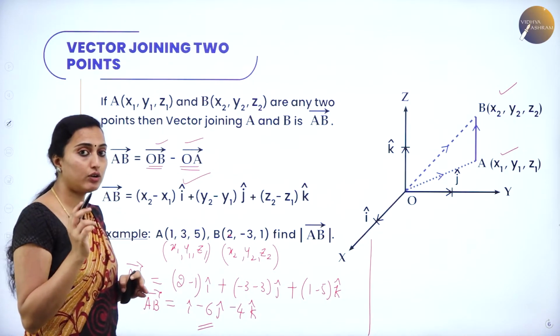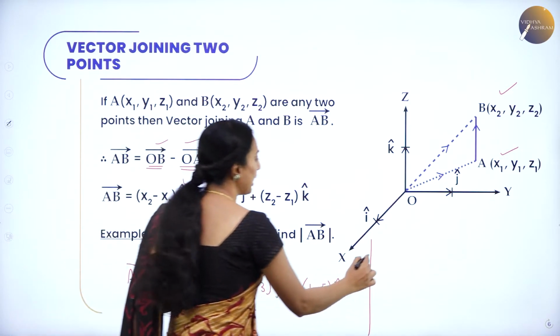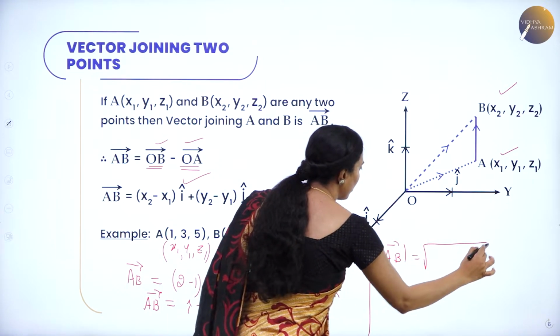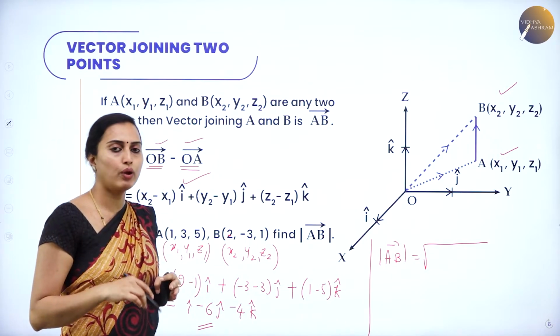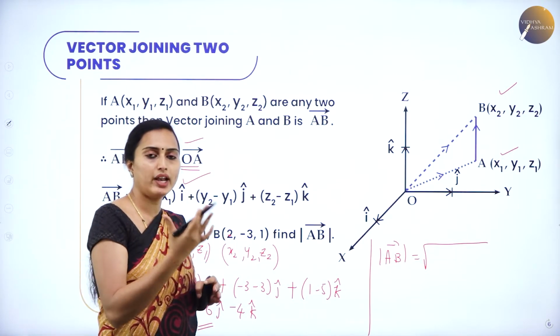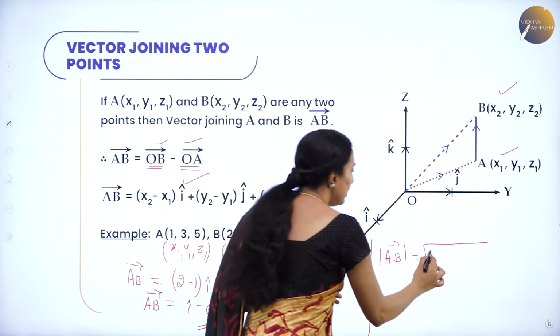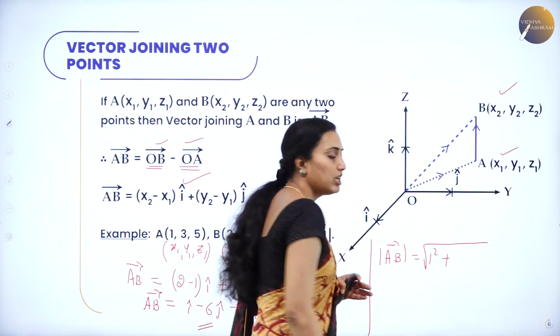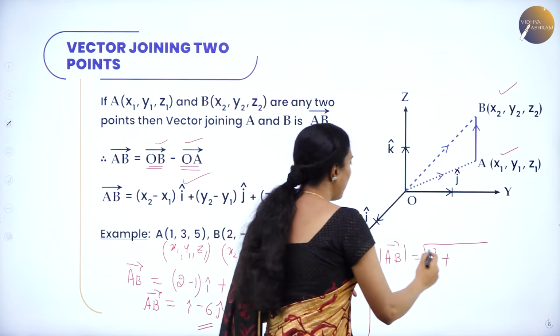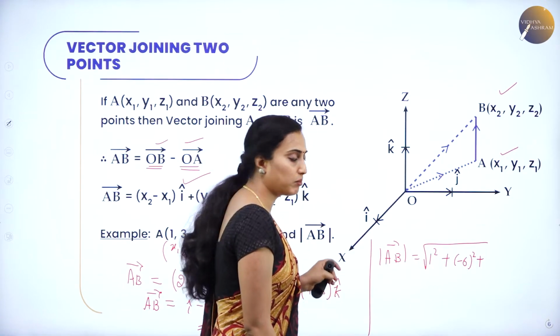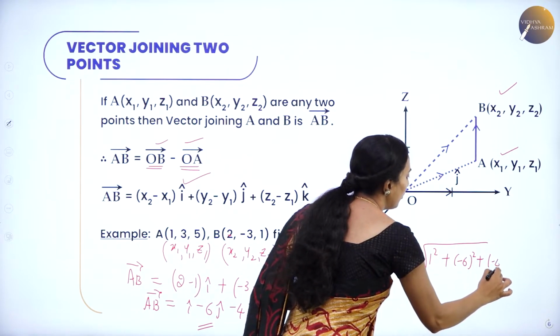They have asked you to find out the magnitude of AB vector. What is the magnitude of AB vector? Magnitude of AB vector is square root of i coefficient whole squared, plus j cap coefficient whole squared, plus k cap coefficient whole squared. You know that i cap coefficient is 1, I am writing 1 squared, plus j cap coefficient is minus 6 whole square, plus k cap coefficient is minus 4 whole square.